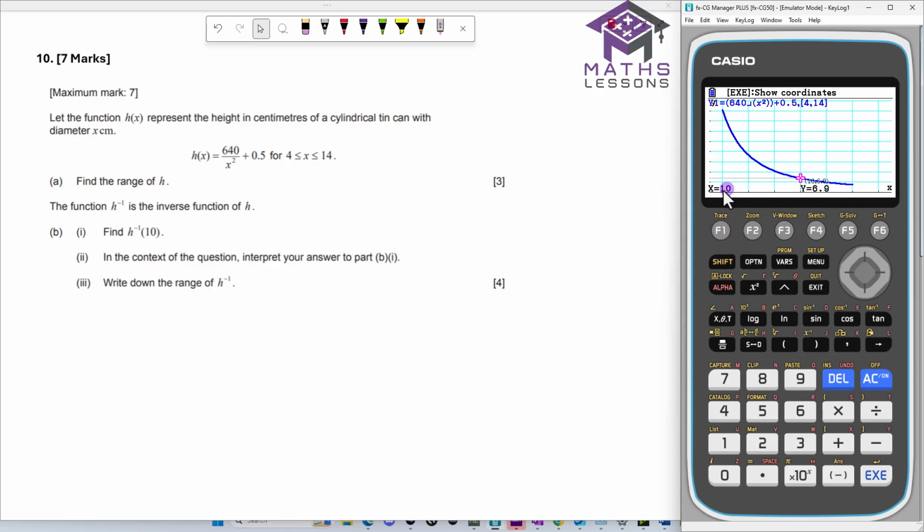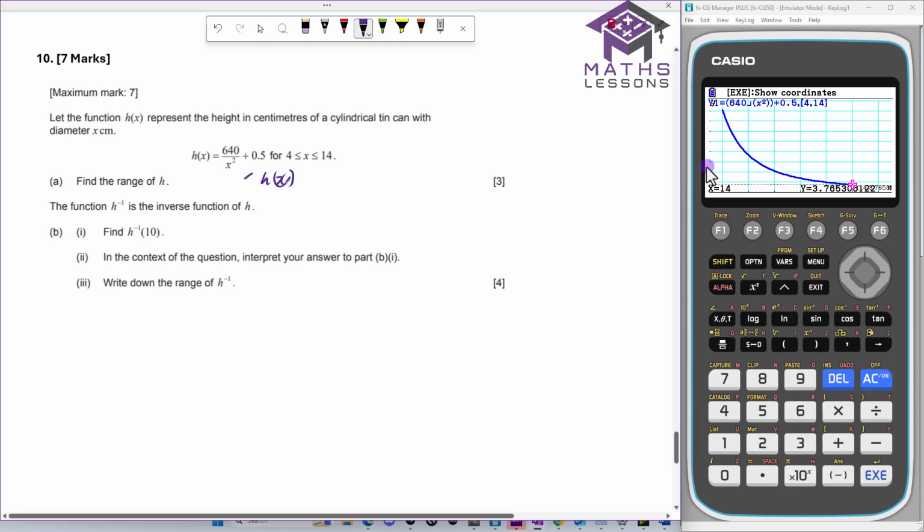So if we trace from here, we can see that the maximum value is 40.5, and you go to the other end, we can see our minimum value is 3.765. Okay, so therefore our range is going to be all the possible y values we can have on this graph.